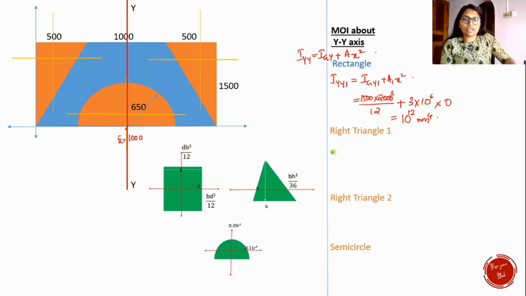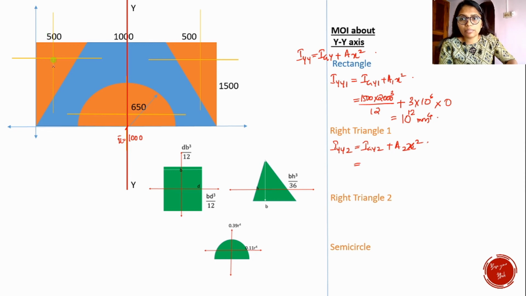Okay. Now for the right triangle, Iyy2 is equal to Igy2 plus A2 x square. Here again it is BH cube divided by 36. But we have to take B parallel to the axis under consideration. Here, for this right triangle, we are focusing on the vertical axis, isn't it?